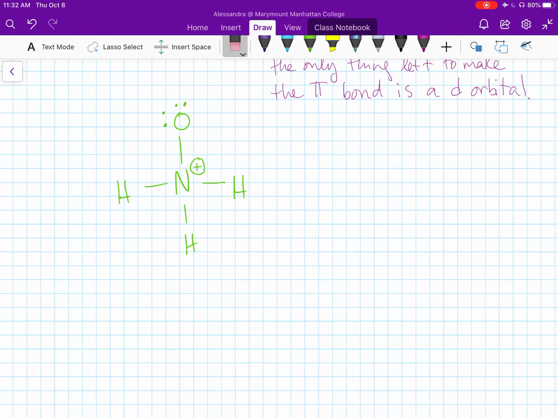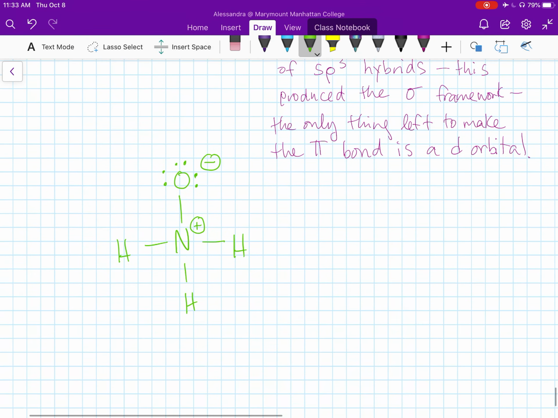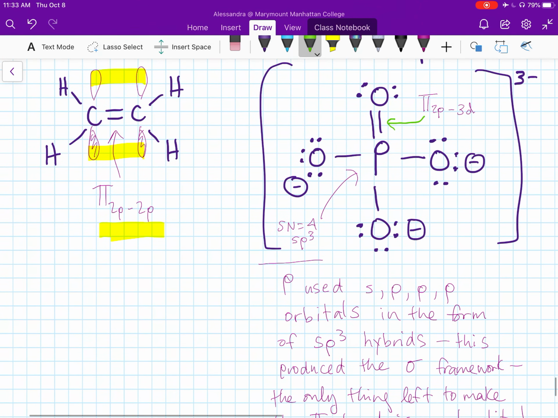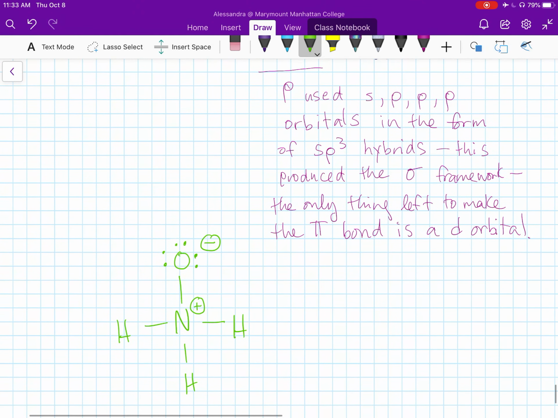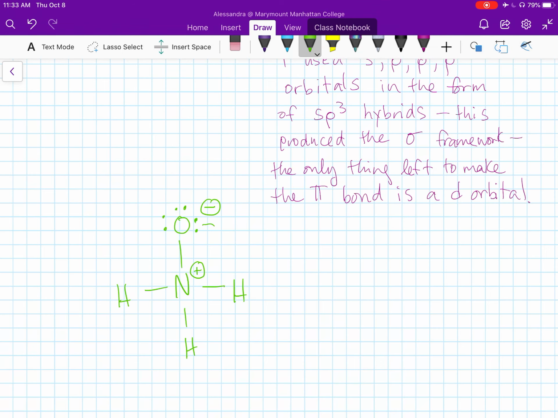Now, let me get rid of this hydrogen to make this a little more relevant. Well, I have a negative formal charge on my oxygen. Can I do what I did with the phosphate and move one of the lone pairs down to become a pi bond? Well, I can't possibly do that. I cannot move this electron pair down here because nitrogen cannot expand its octet because it's a second row atom. So here, I cannot form a double bond between N and O.